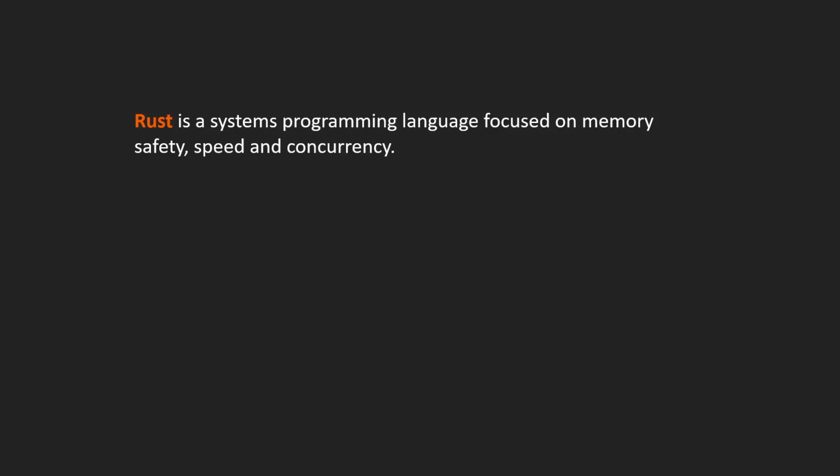It's known for being fast, safe, and great at handling concurrency, all while offering efficient memory management and strong type safety. Now, languages like C and C++ also give you low level control, which is why they are used for systems programming, but they require manual memory management, which often leads to issues like memory leaks or dangling pointers.